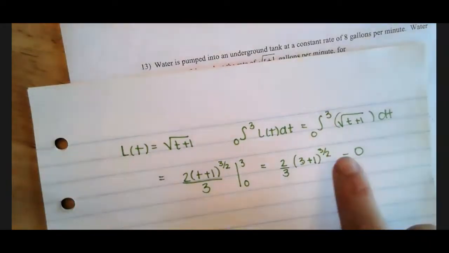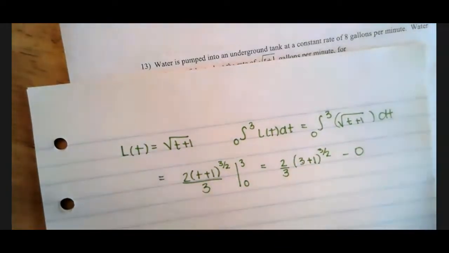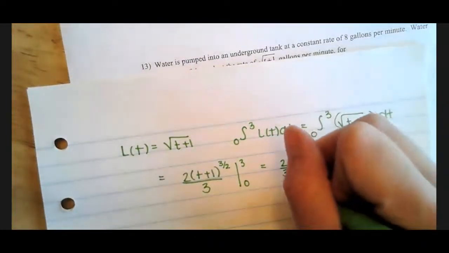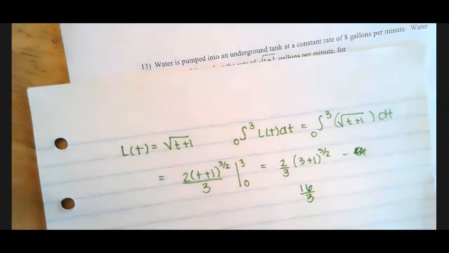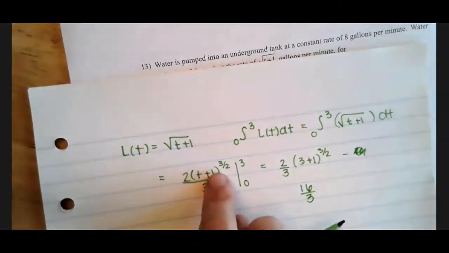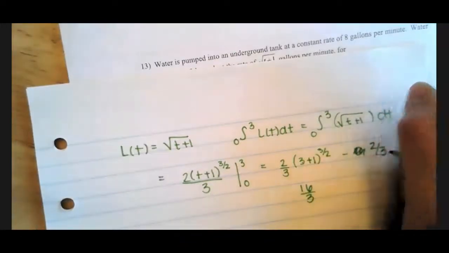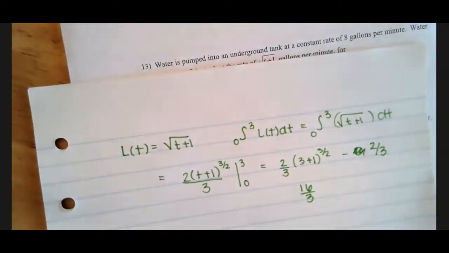And I'm silly because that is not actually 0, it's just not 0. 0 plus 1 is 1. Square root of 1 is 1. 1 cubed is 1. So this is actually minus 2/3. Sorry, the way I wrote it out before, my value had to be multiplied in.